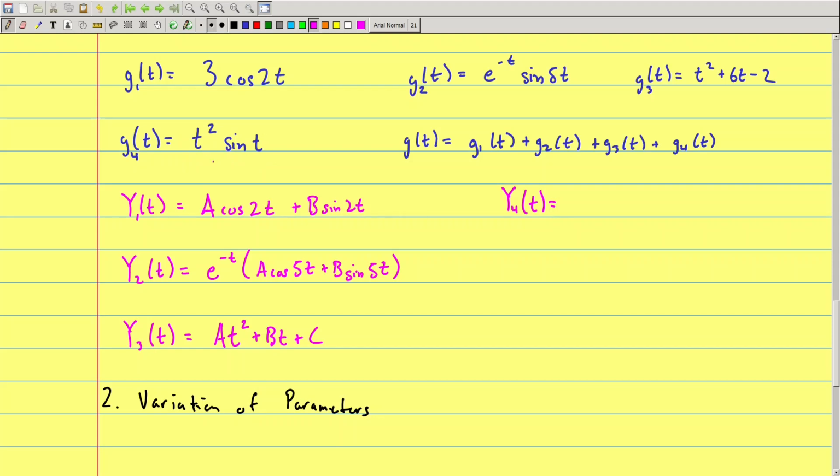For this thing, the way that it would have to work is we have a quadratic, but we also have sine and cosine. So maybe that's bad.